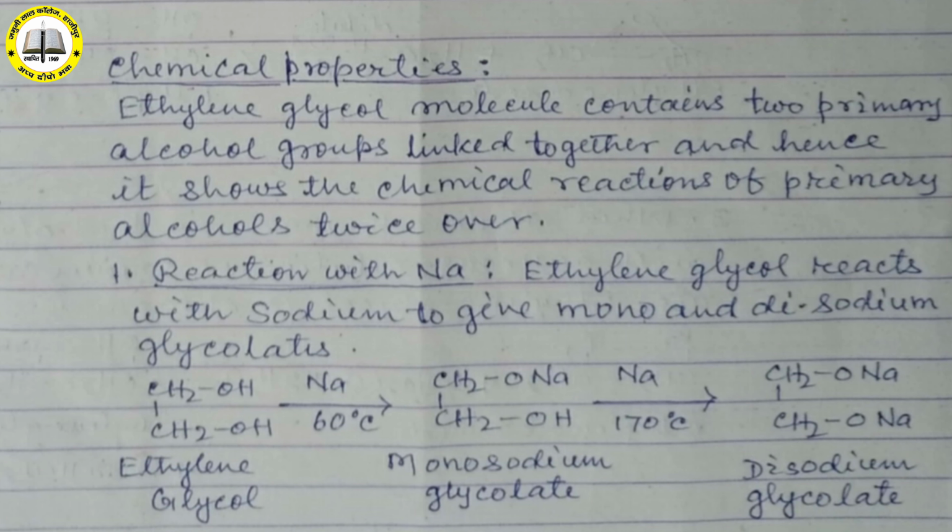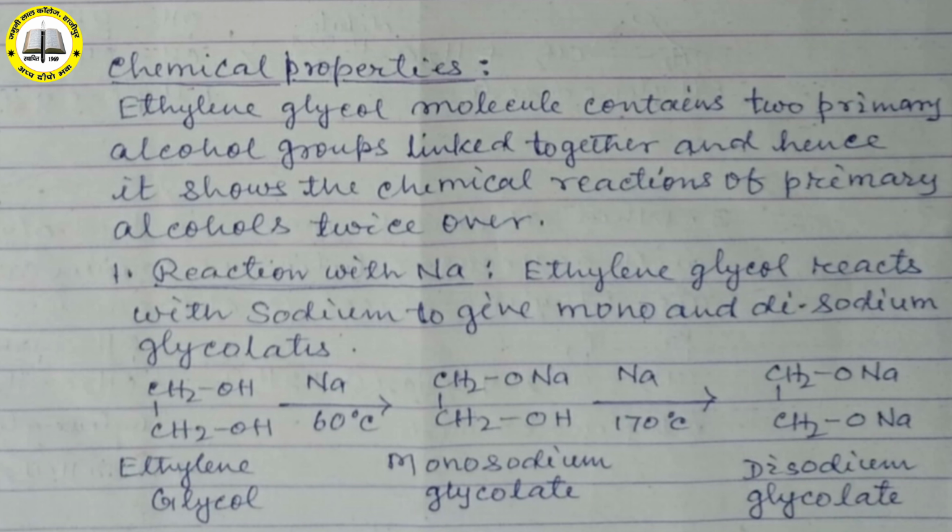Now we come to discuss chemical properties. The molecular formula of ethylene glycol is CH2OH-CH2OH. The ethylene glycol molecule contains two primary alcohol groups linked together, and hence it shows the chemical reactions of primary alcohols twice.